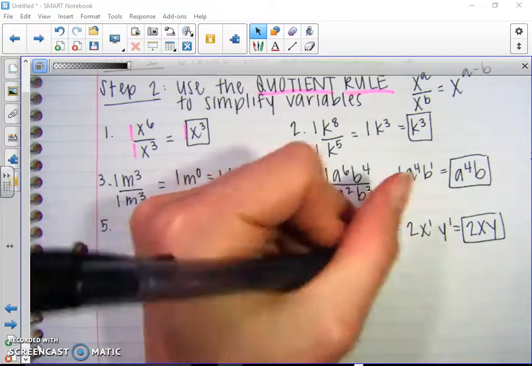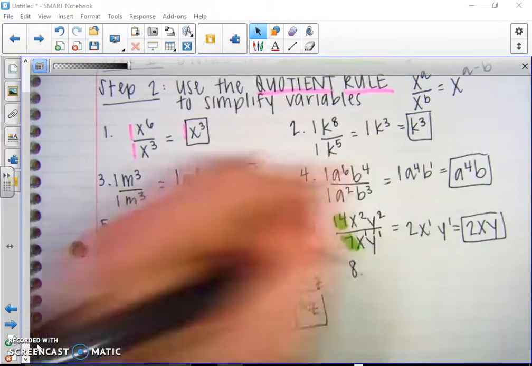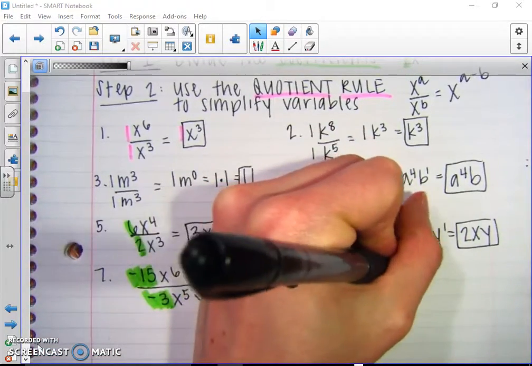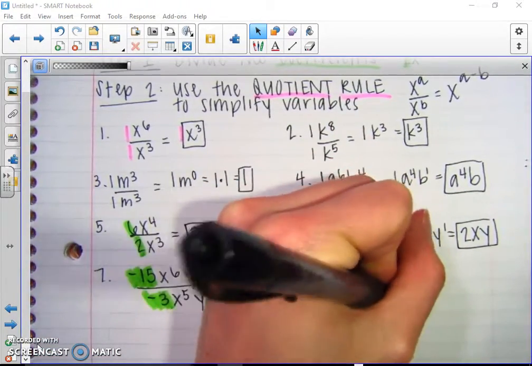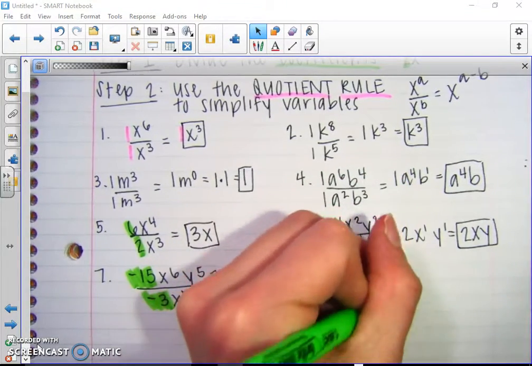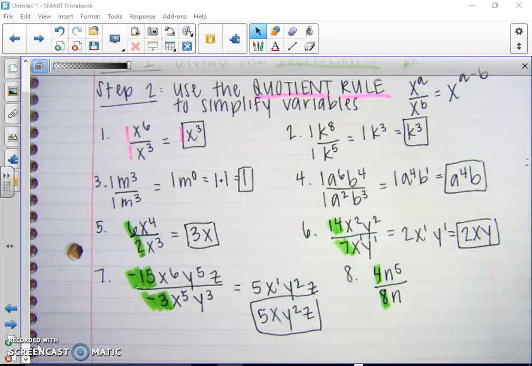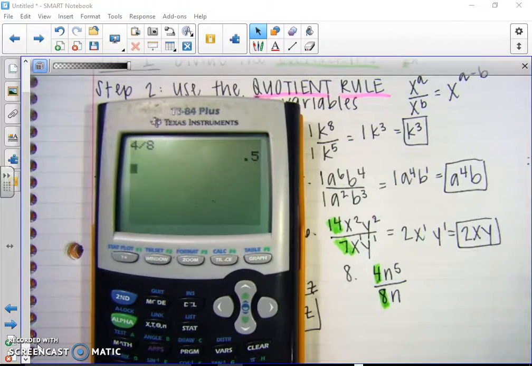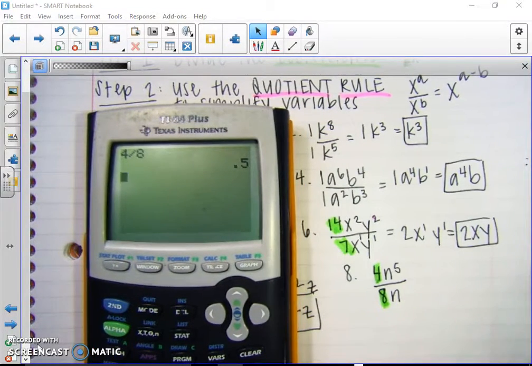Awesome. All right, last one, number 8. 4n to the 5th over 8n. So I have 4, 8. So let's divide those. 4 divided by 8, let's see what we get. 4 divided by 8, 0.5. I don't want to have any decimals.